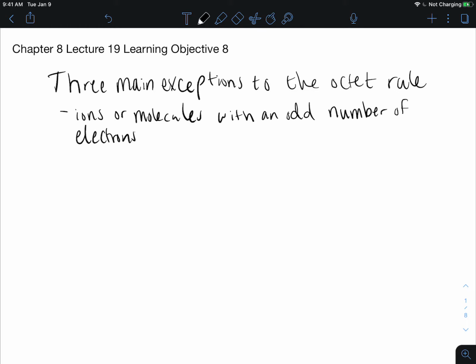So when we have those odd number of electrons, we're obviously going to have at least one atom within the structure that does not have 8 electrons. We could also have atoms with less than an octet. And of course, atoms with more than an octet.